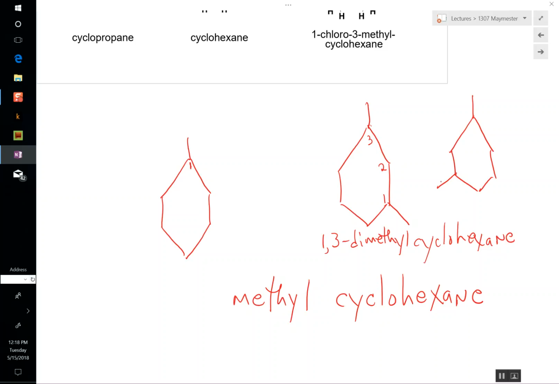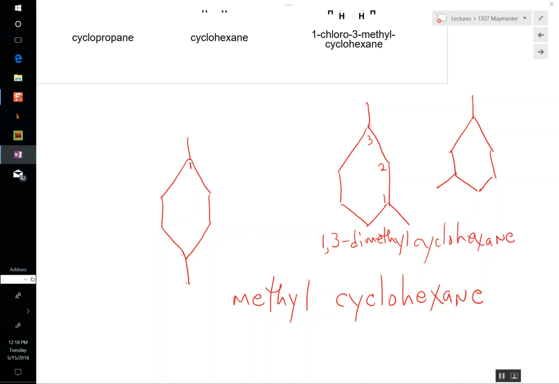So be able to do that in your mind. Be able to geometrically look at things and say, is that really different? Now, if I came along here and I put a methyl group right there, that is different.